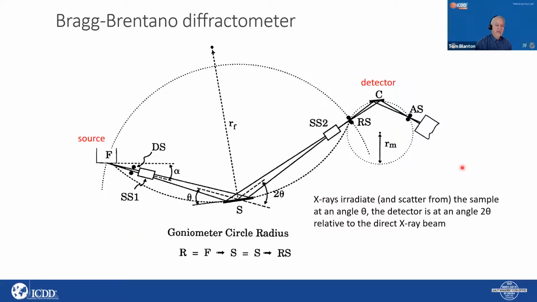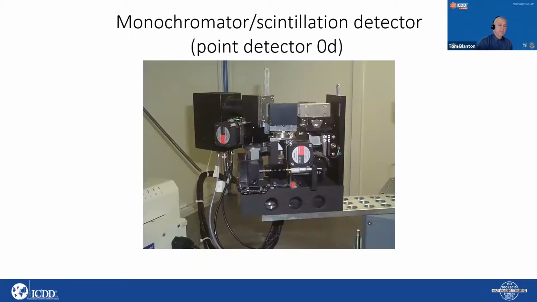The other thing that I want to just point out here, a consideration when you're picking out your X-ray detector. The conventional detector is called a scintillation detector, a point detector, or 0D is a term that's used. Your sample, say, is to the right.